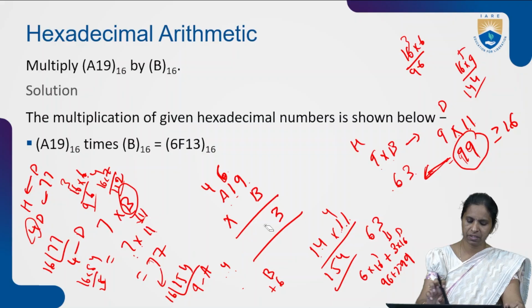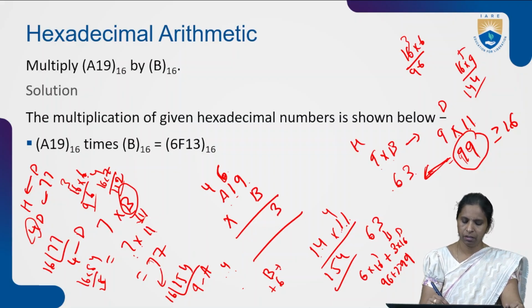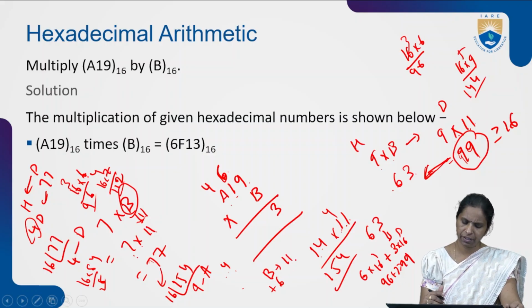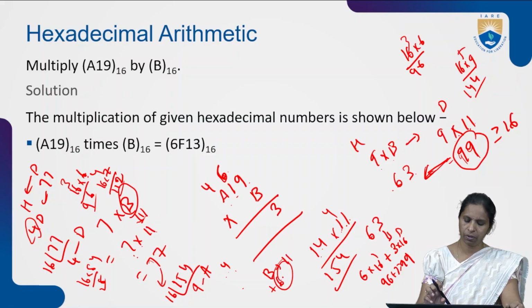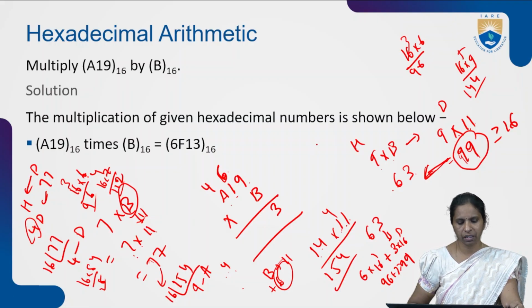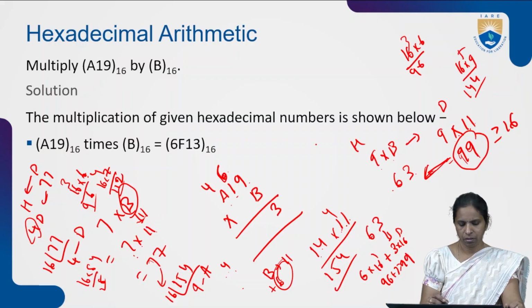So what is B plus 6 equal to? B is nothing but 11. 11 plus 6 equals 17. So how can you represent 17 in the hexadecimal number system? 17 is nothing but 11. Therefore, how do you write it down here?